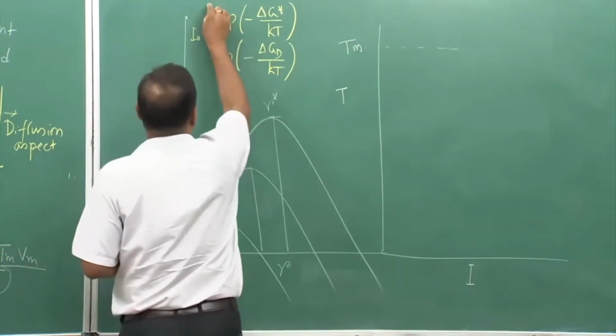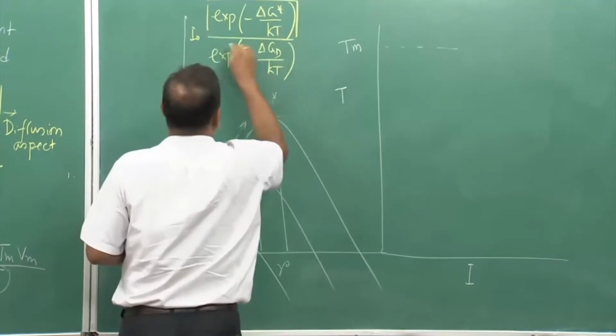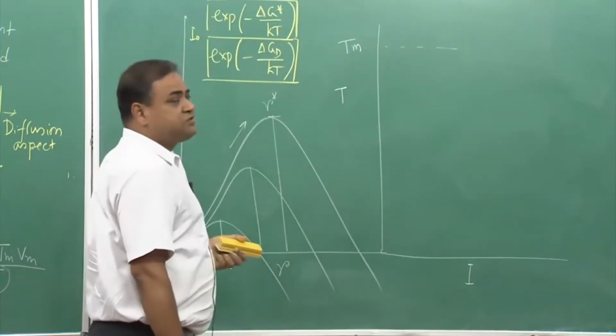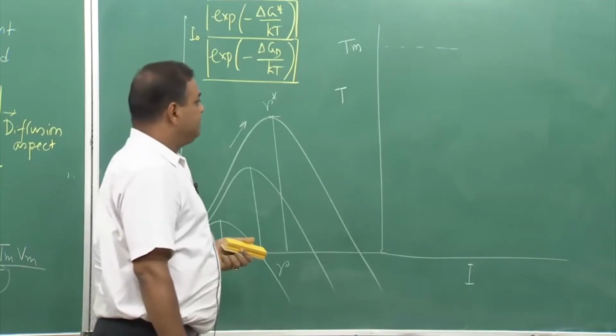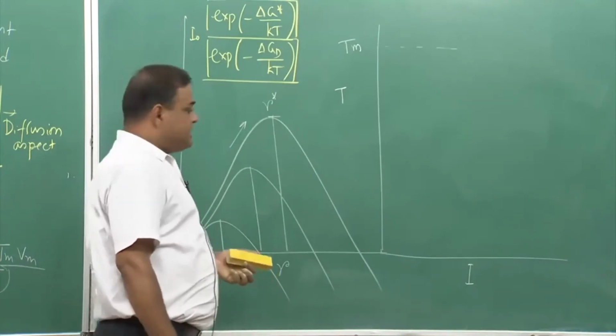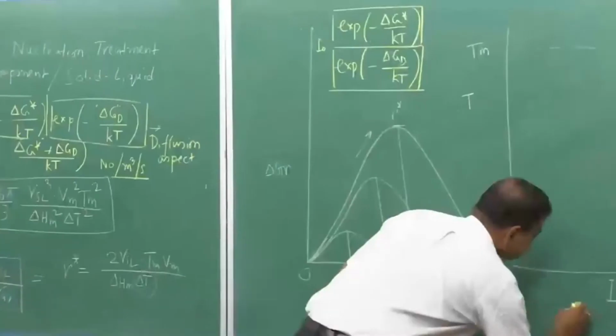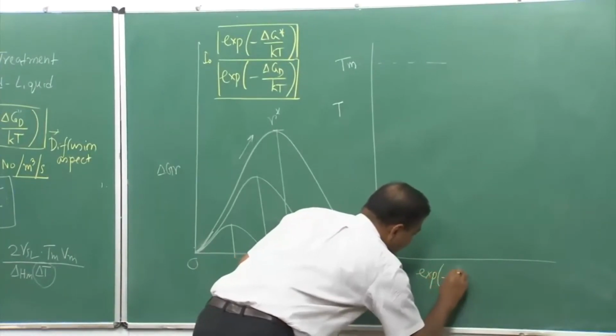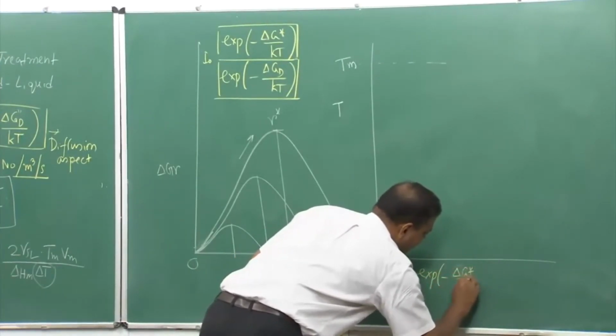Now, if I try to see this variation and this variation, let us see how these two variations would look like in the temperature axis. Now, I am plotting first exponential minus delta G star by kT.